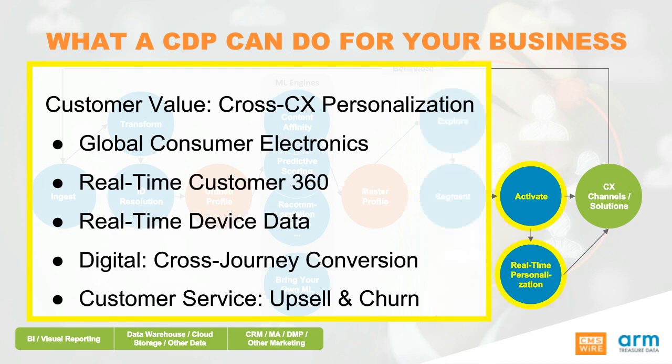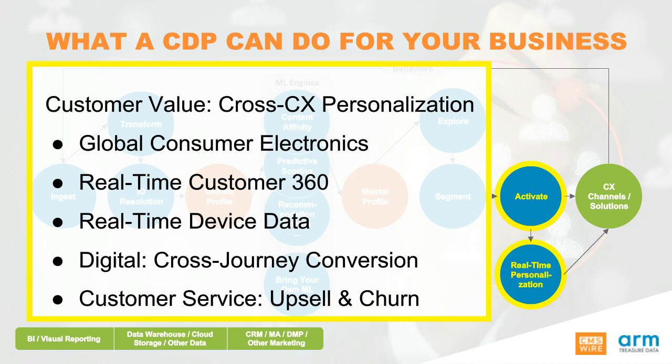And then moving forward, the final stage is really activation, where you take the right segments that you've built and basically activate them out to anything that would run a campaign or a messaging to your target audience. You could activate across your MarTech, AdTech, and there's also a big focus these days on real-time personalization. An example of that is a consumer electronics company that we're working with, again, very global, very large.